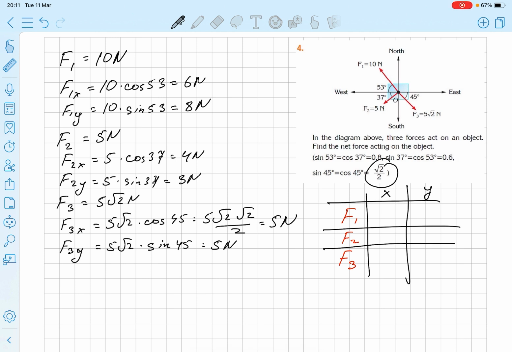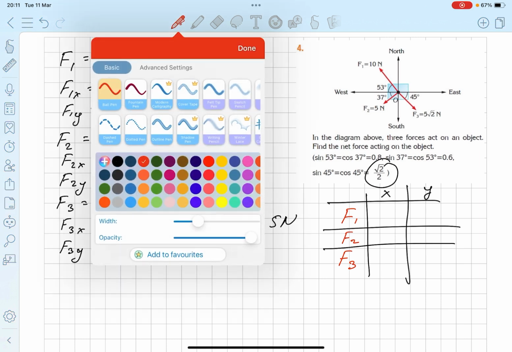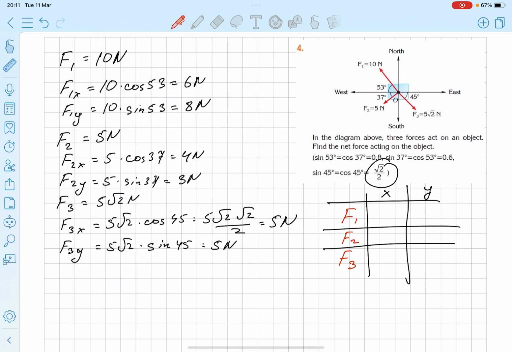If you see F1, F1 by X is looking backwards, so it will be -6, and the Y component is looking up, so it will be just 8. For F2, both are negative because they are looking backwards and downwards, so -4 and -3. And for the last one, the horizontal component is positive, it is 5, and the vertical is negative, looking downwards, it is -5.